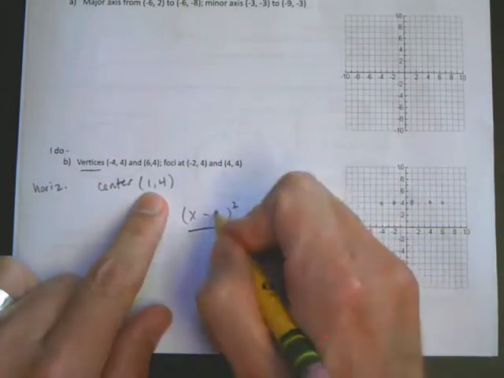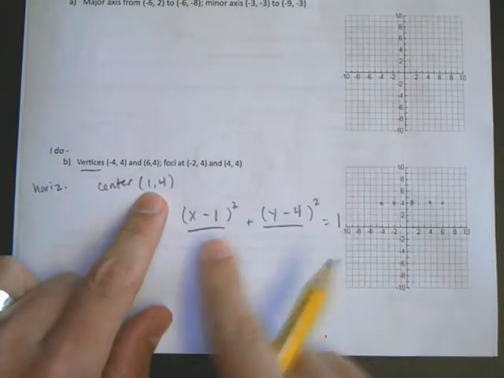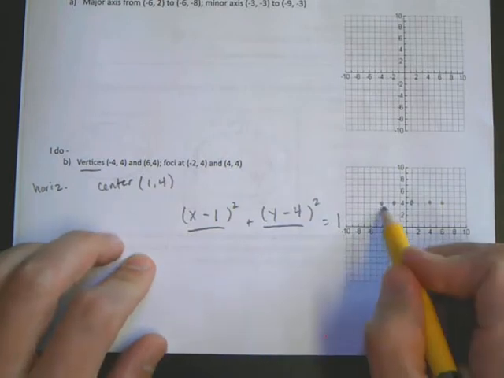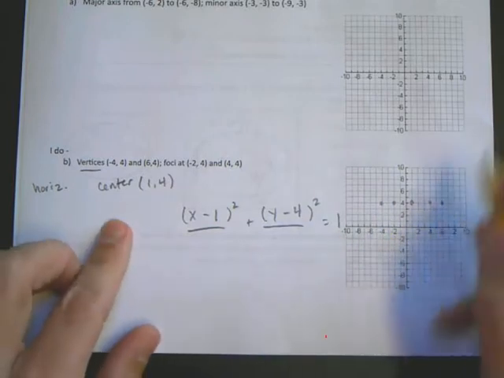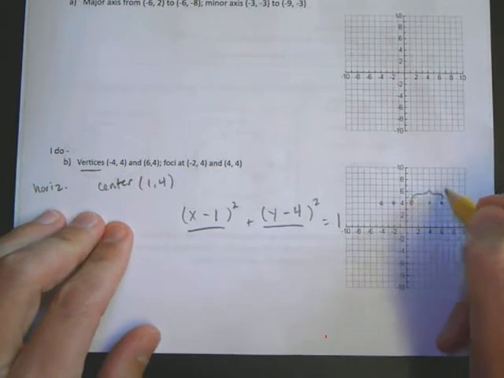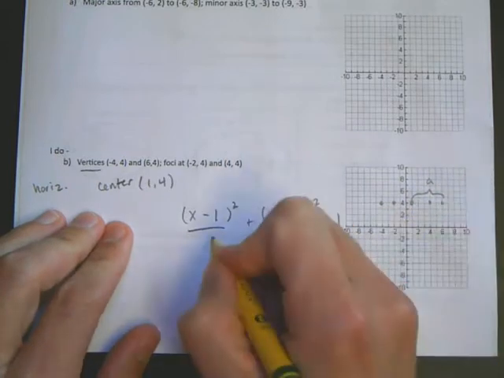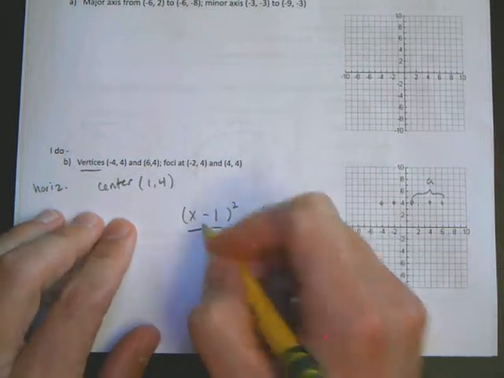I'm almost there. Now, because I know this is a horizontal orientation, this distance here is a, and that distance is 1, 2, 3, 4, 5. And because it's horizontal, I know it goes under the x. So 5 squared.